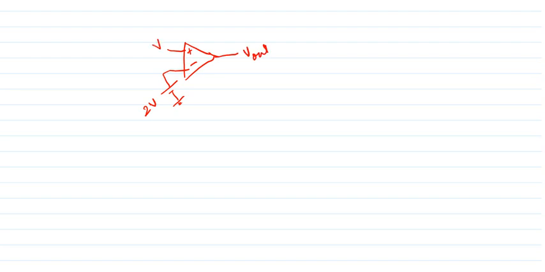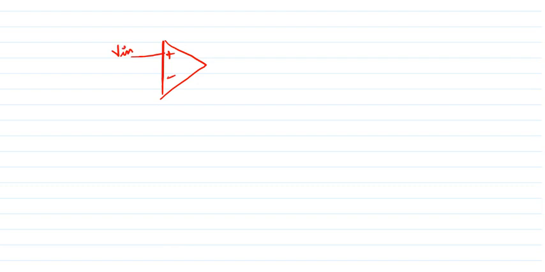This is my V2, or I can simply say V in. Let's build some open loop applications. This is V in. This is 2 volt. This is V out.